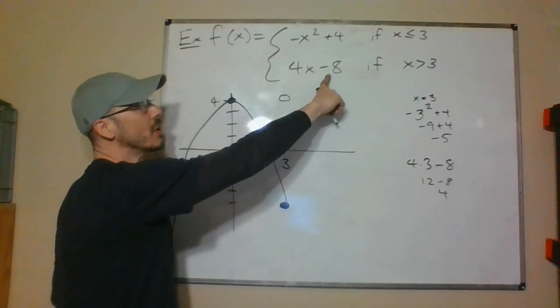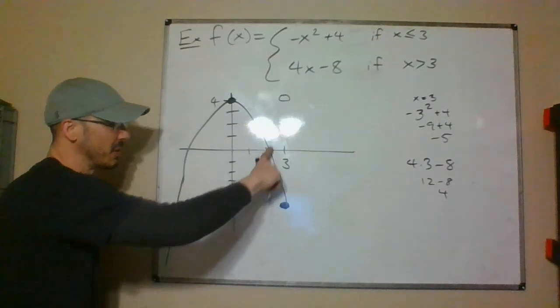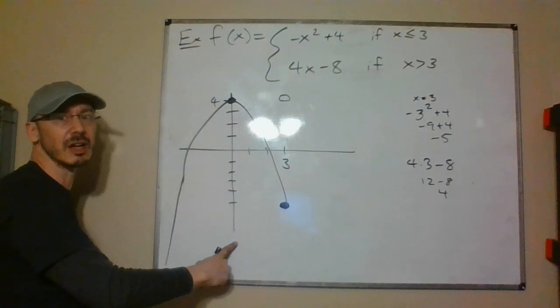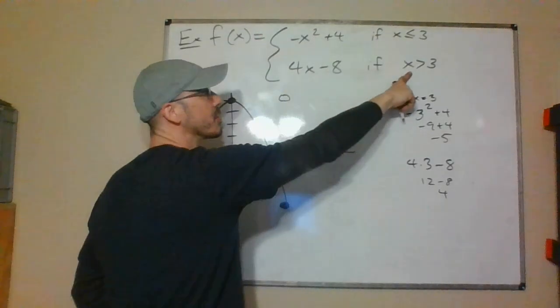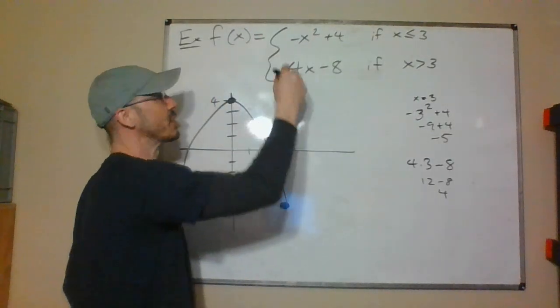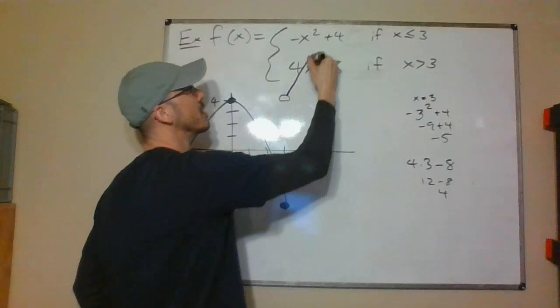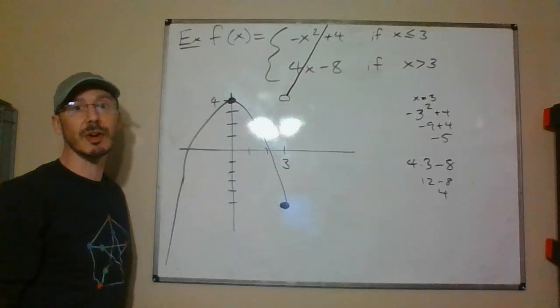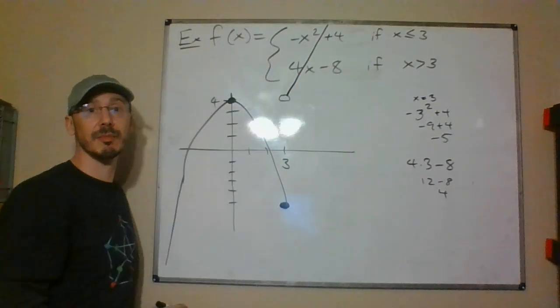And from there, the function, it's a linear function. Slope is 4. Intercept is negative 8. If I traced it all the way this way, it'd be negative 8. But we're going to the right of 3. And it's a slope of 4, so it's very steep. I made a mess of my function, but it goes up to the right.